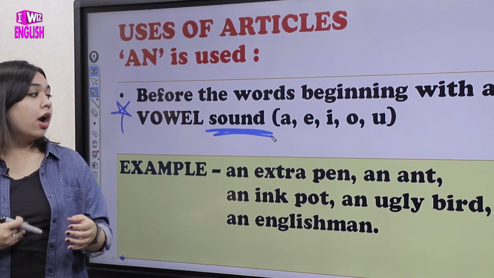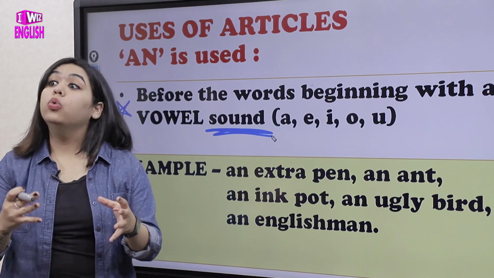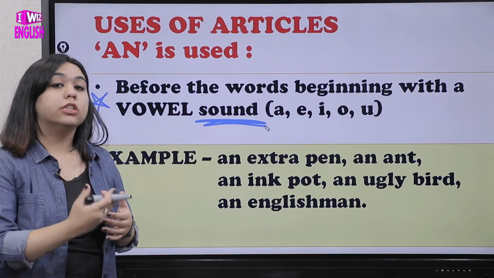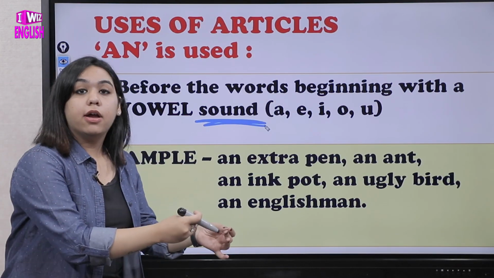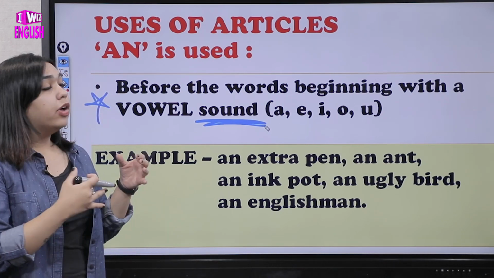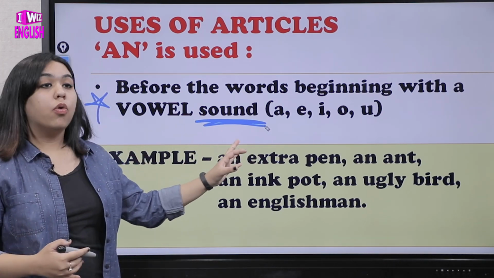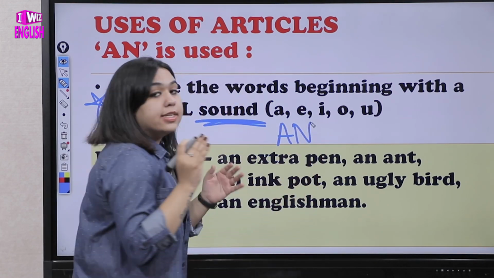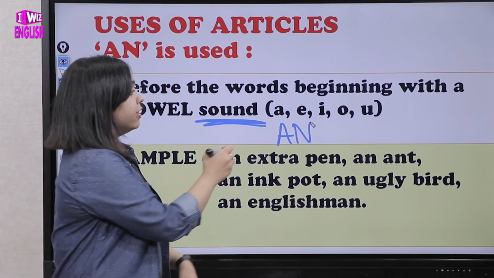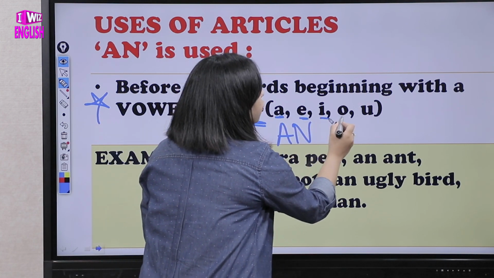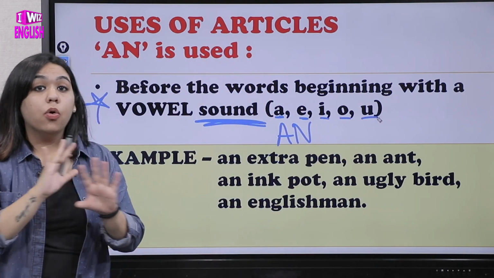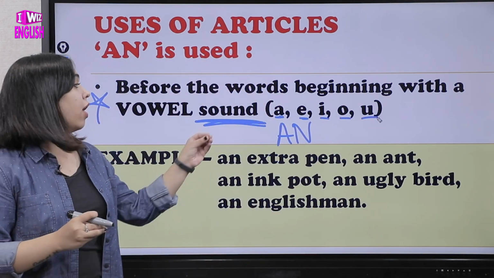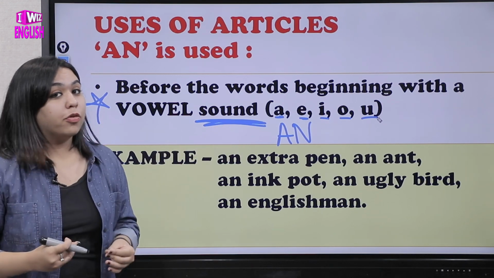Now the sounds are A, E, I, O, U, if we go into the phonetic manner, okay. So wherever you find these sounds, you are going to use the article an. It's not necessary that wherever you find the letters A, E, I, O, U, you are going to apply an. No, it's not necessary. You just have to go by the sound of the vowels.